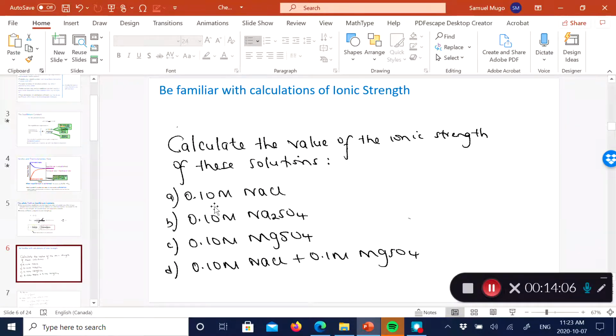So you've got 0.1 molar of sodium chloride, 0.1 molar of sodium sulfate, 0.1 molar of magnesium sulfate, and a combination of A and C. And you're going to see, despite the fact that the concentrations are the same, the ionic strength of those solutions are different because the ionic strength is dependent on the charge state of the respective ions in those salts.